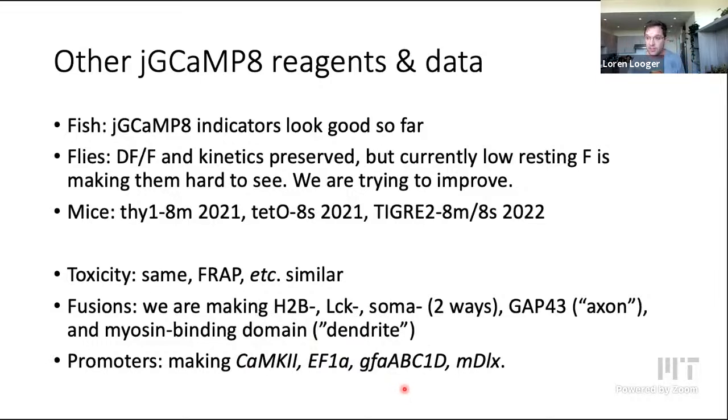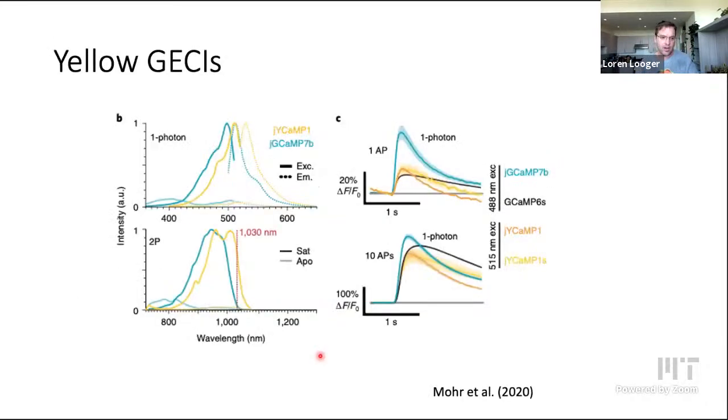And a couple of these are at Addgene already. I think the H2B is coming online first. So if you fuse to H2B, that gives you much better segmentation of many cell bodies at the same time. And each of these other fusions offers its own little advantage.